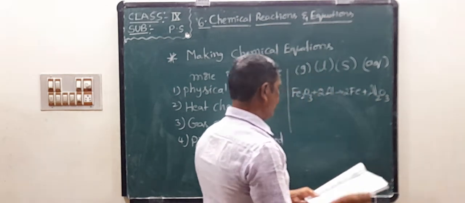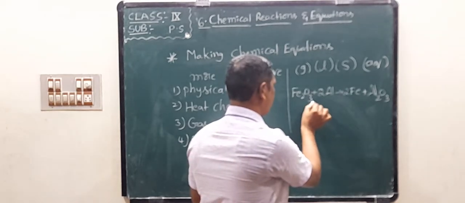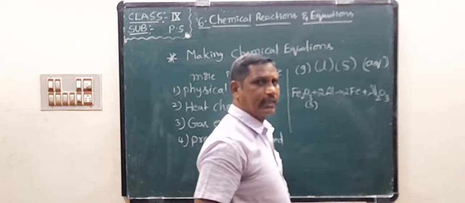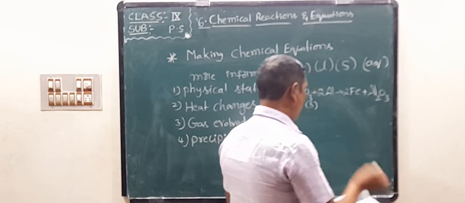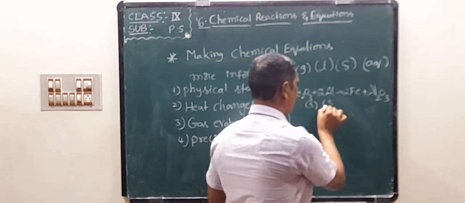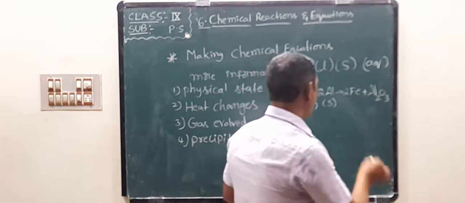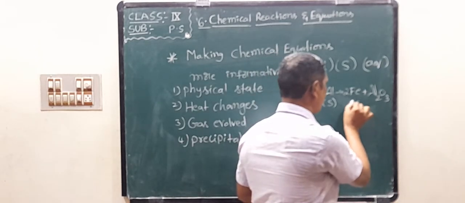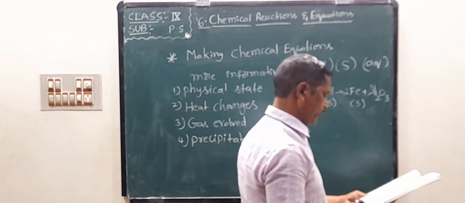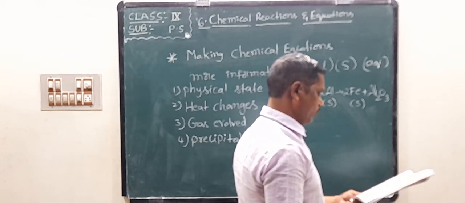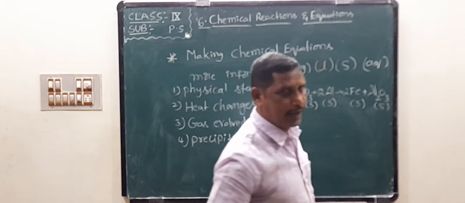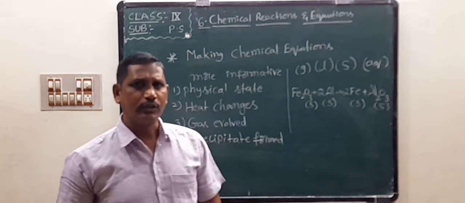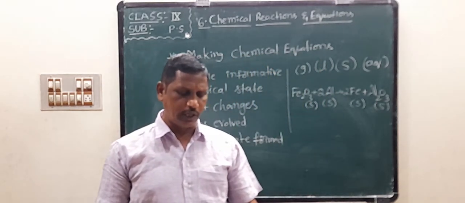Iron trioxide is a solid substance. Aluminium also is a solid substance. 2Fe also is solid. And Al2O3, aluminum trioxide, is also solid. These are all in solid states.